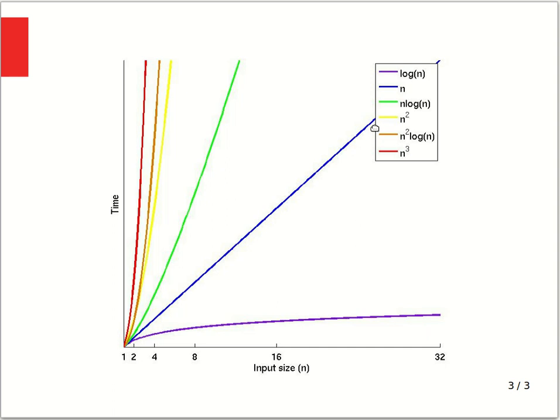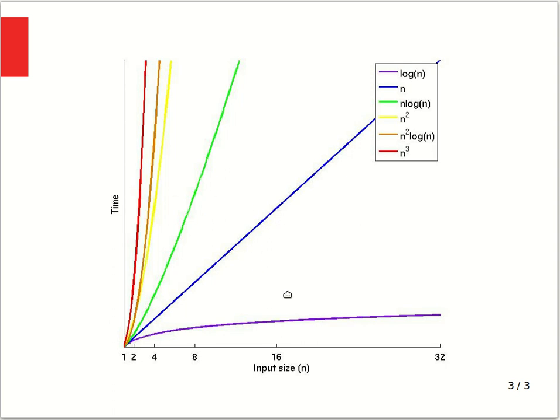Later on, when we talk about more algorithms, we're going to see more time complexities. One of them is log n, that's this line. It's better than the linear dependence, because if you look at a fixed input size, say 16, the runtime for a log n algorithm is substantially smaller than the runtime for a linear time algorithm.